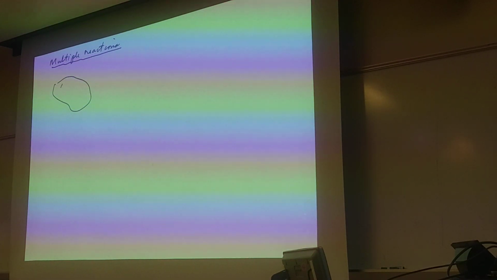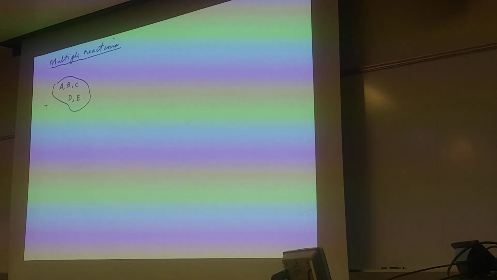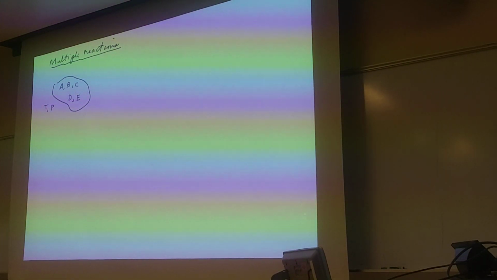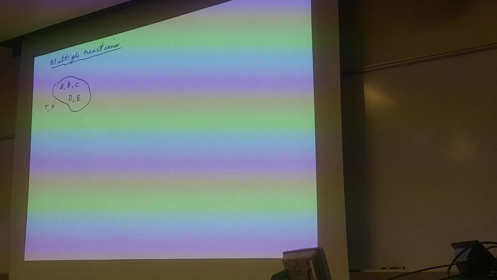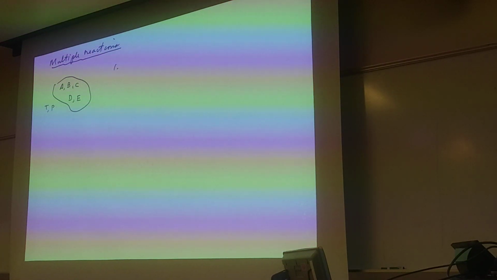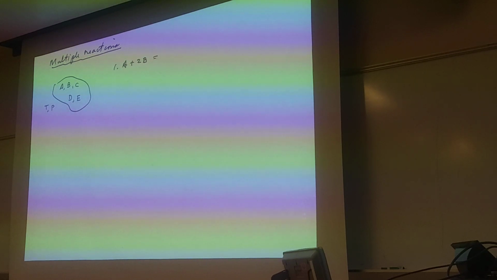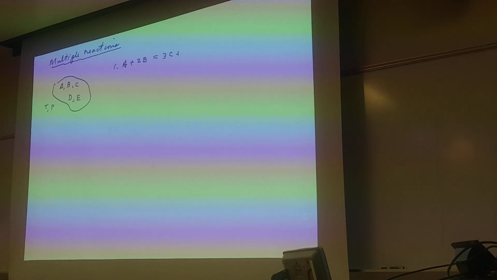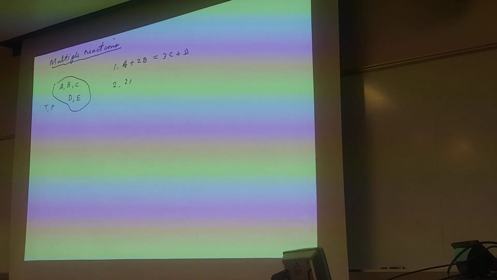So I've got a system here, it's got components A, B, C, D, and E, and of course, it's been tacitly implied here, we're talking about systems at constant temperature and pressure. So let's say, for example, I've got two reactions. The first is the one I had before. But there's a second reaction.